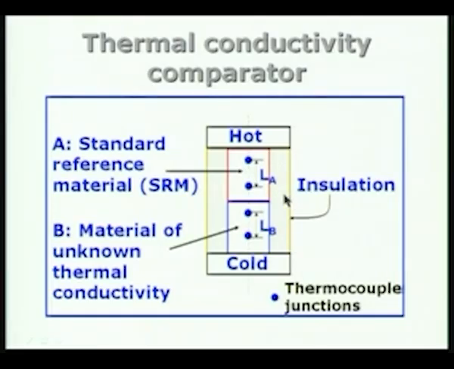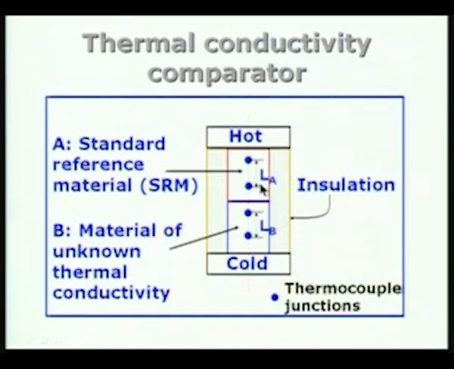In fact, instead of insulation, we can use vacuum as a possible choice, because vacuum will give you a good insulation, and of course, the vacuum chamber or the walls of the chamber can be maintained at a temperature which is close to the temperatures of these two media here.